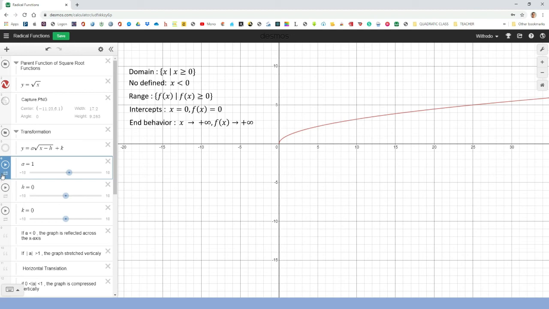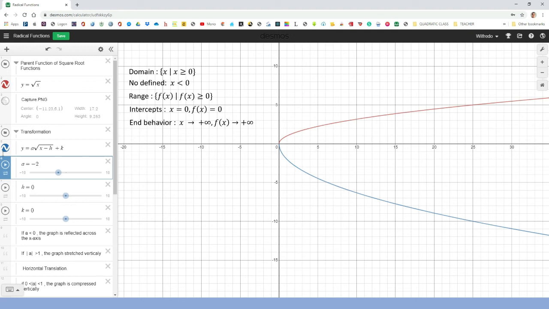For example, what happens if a is negative 2? Well, in this case, a is negative 2, h is 0, k is 0. What is the graph? The function now is negative.